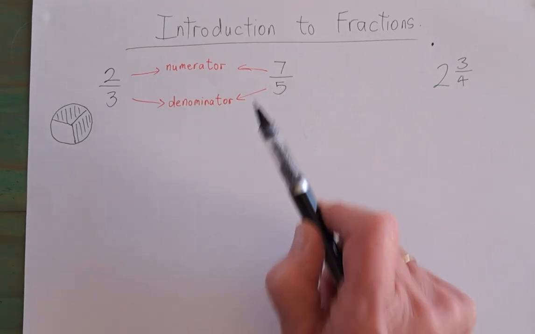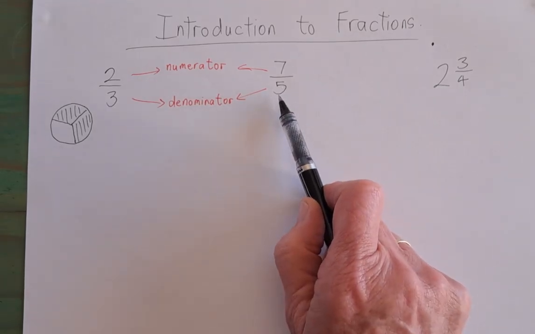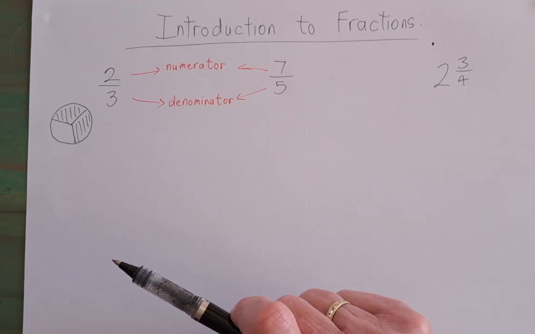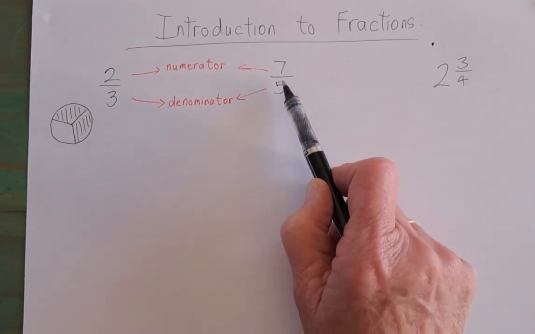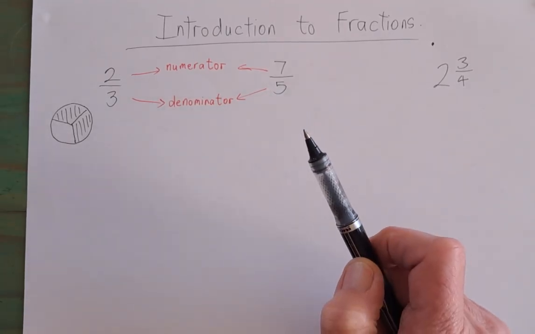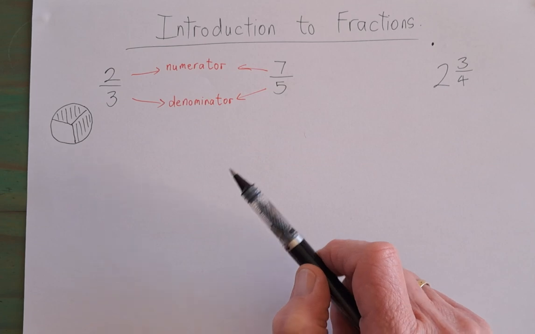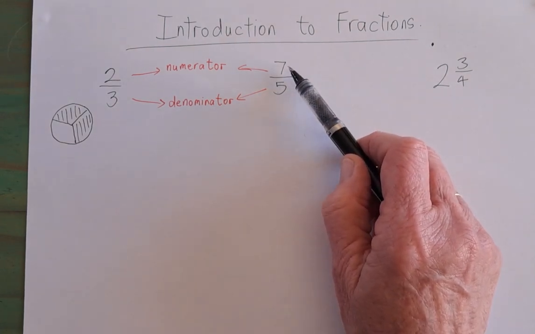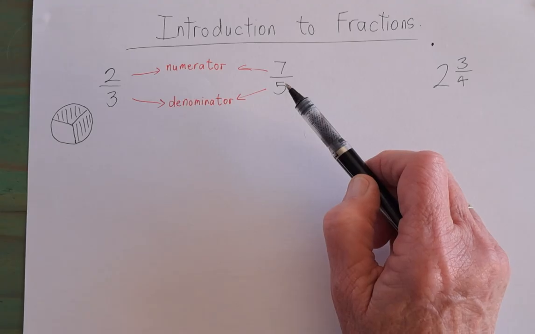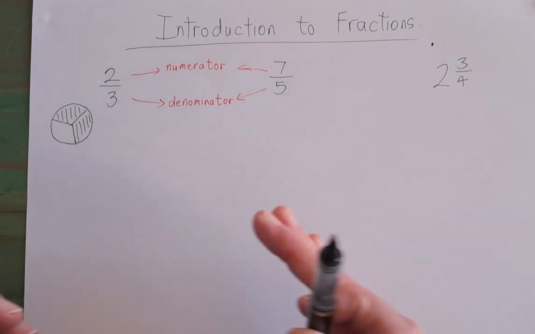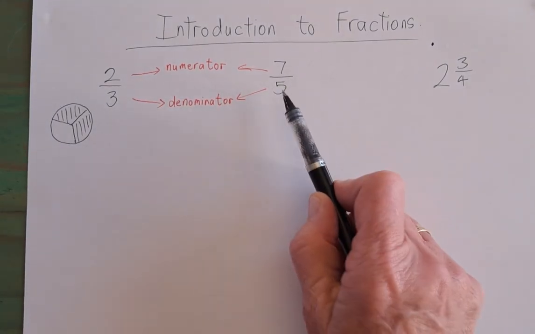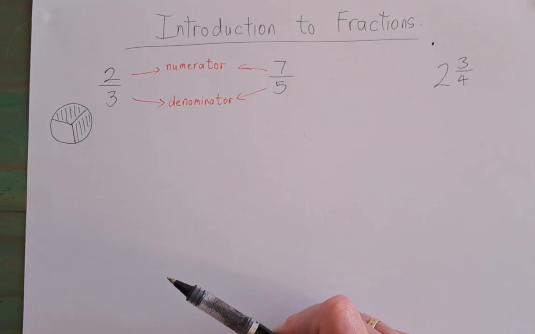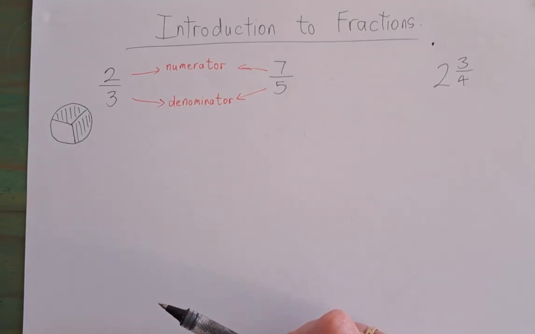So I start eating, and I manage to eat all 5 slices of my first pizza. In other words, I've eaten a whole pizza. And then I go on to eat 2 more slices from the second pizza. So you can see that I've eaten all of the first one, part of the second one. This definitely represents something which is greater than 1 whole.